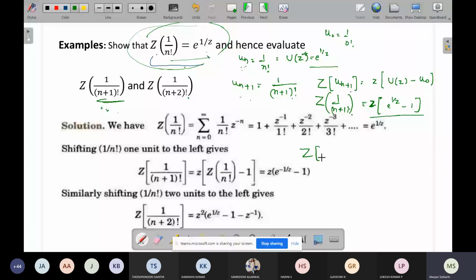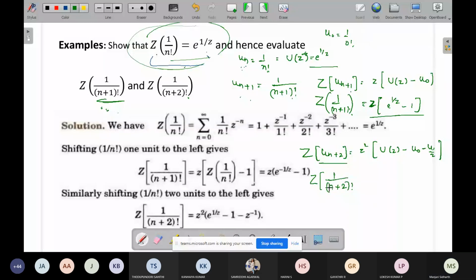Now z transform of un plus 2: z square, Uz, u naught, u1 by z. Un plus 2 is nothing but 1 over n plus 2 factorial.